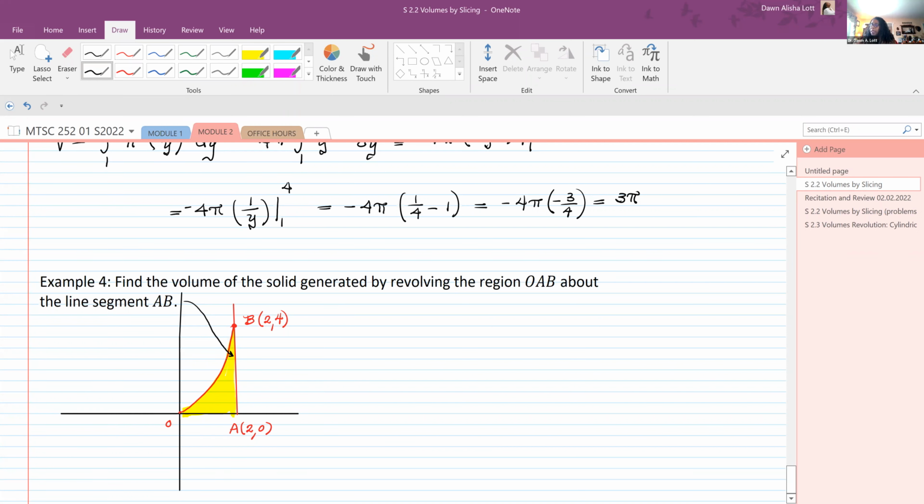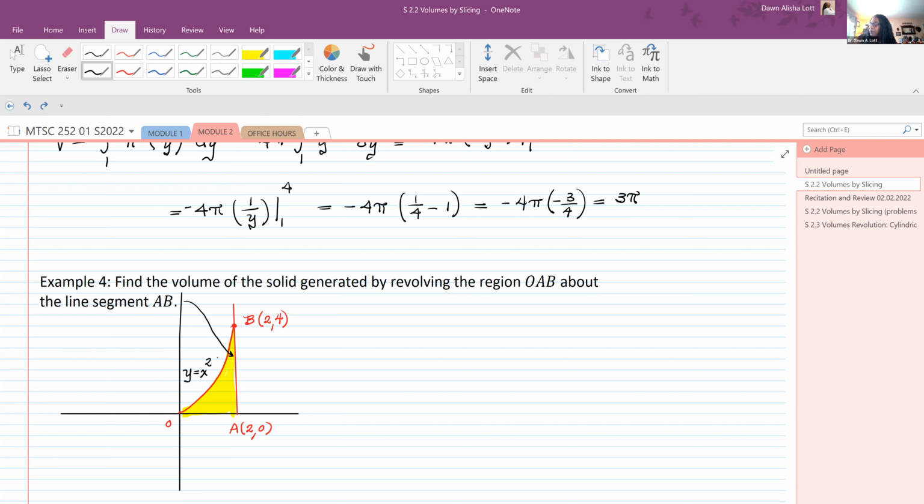I want to take this region OAB and revolve it. Now this curve right here, I'm sorry, it's not a line, it's the curve y equals x squared.